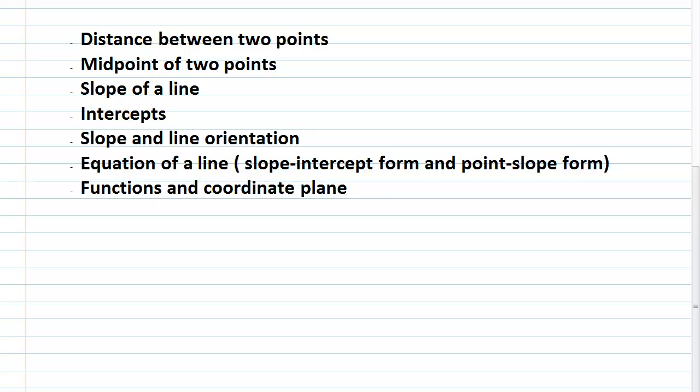Since now we have had a brief introduction to coordinate geometry, the remaining module will build on what we have learned so far, and we will cover the topics that I've put on the screen here. We will learn about how to find the distance between 2 points, how to find the midpoint of 2 points, the slope of a line, how to find intercepts, and what slope and line orientation mean.